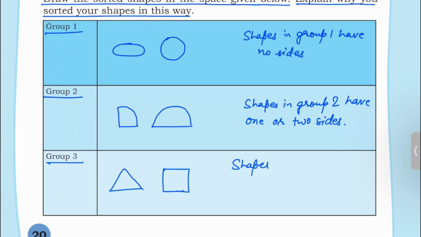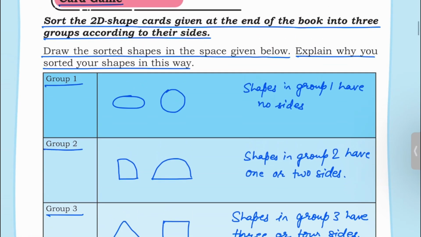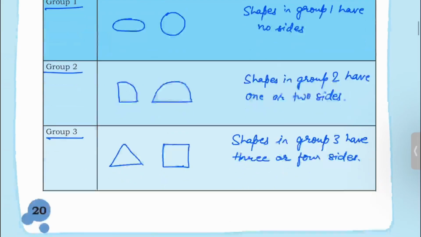Shapes in group 3 have three or four sides. For this, you can take help of the 2D shape cards given at the end of the book.